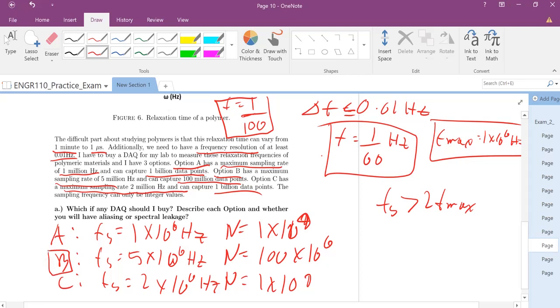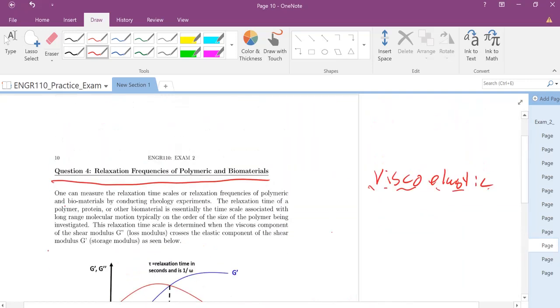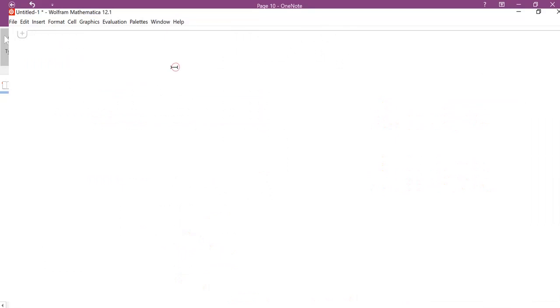So now we have to figure out, can we get this value to not get spectral leakage? I'm going to flip my screen real quick and go to Mathematica because I don't want to do this math by hand. Screen flip right there. My Mathematica crashed in the last video, so let's continue on with that analysis. This is the lowest frequency in our signal.